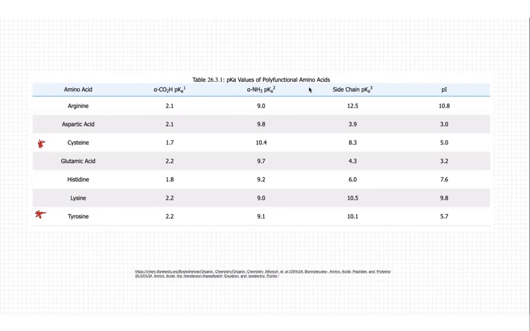So tyrosine, when it deprotonates, is going to be negatively charged, whereas lysine, when it deprotonates, is going to be neutral. When we refer to something as acidic or basic, we're referring to it in its neutral state. So thus we think of tyrosine as being acidic and lysine as being basic, because we're thinking about them in their neutral form.